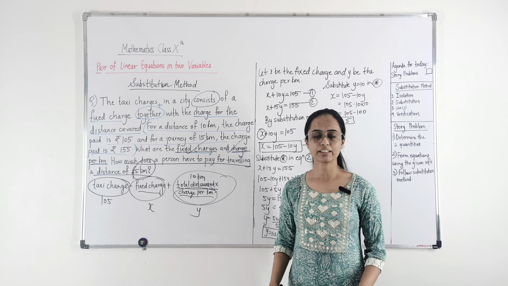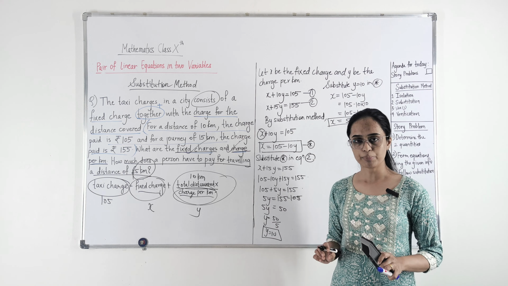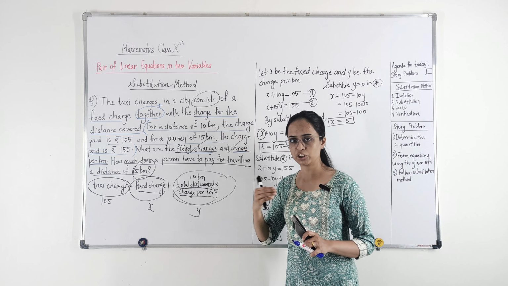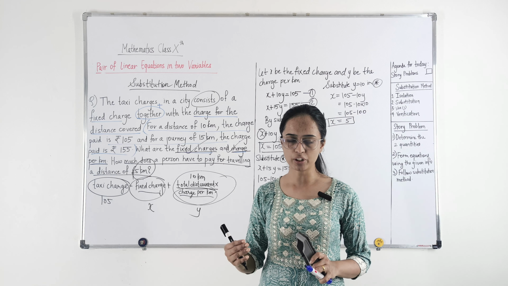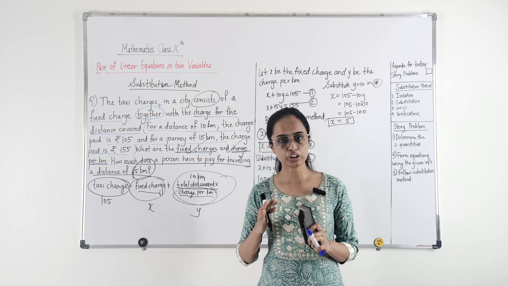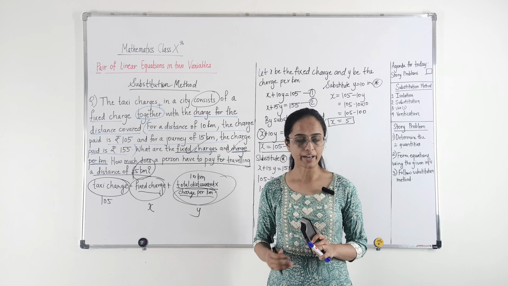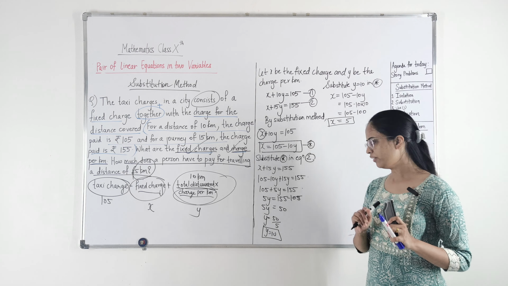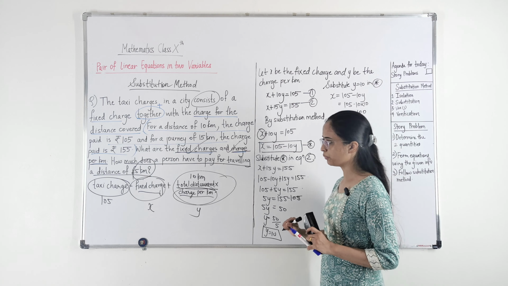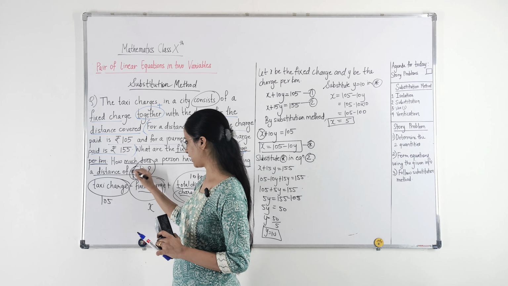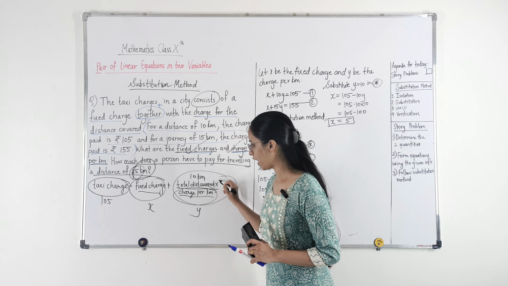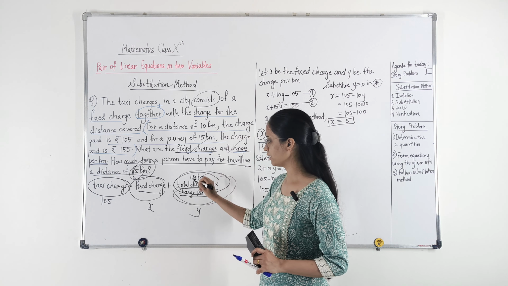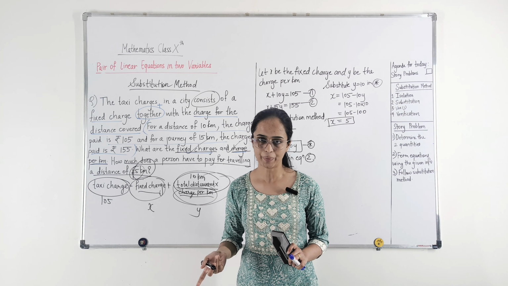So in this case we just have the information कि कोई बंदा है जिसने 25 kilometers as in 25 kilometers he has covered or she has covered, and you are supposed to find how much taxi charge the person would have to pay. So for that, since you know that 25 is the distance that person has covered, over here in the total distance covered quantity, you're going to write 25.